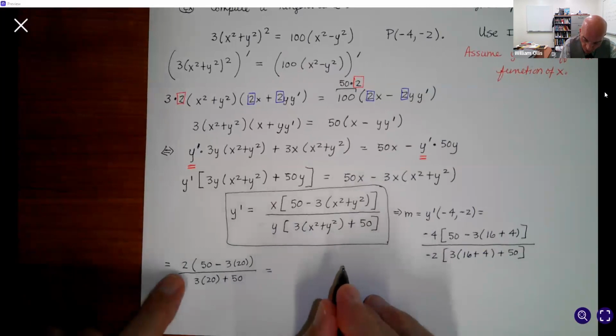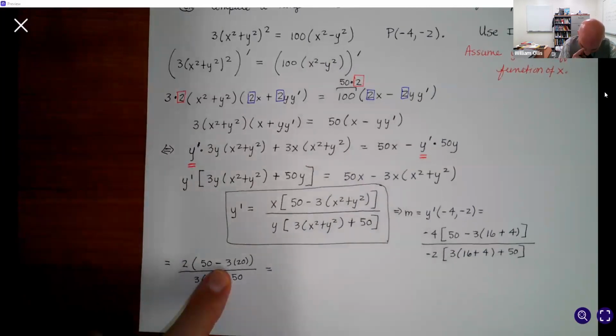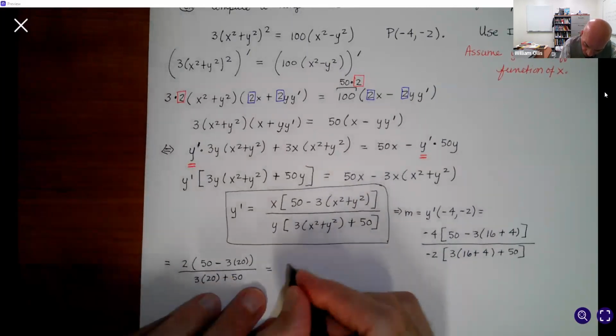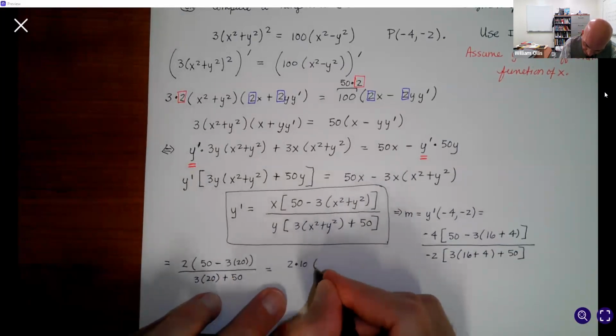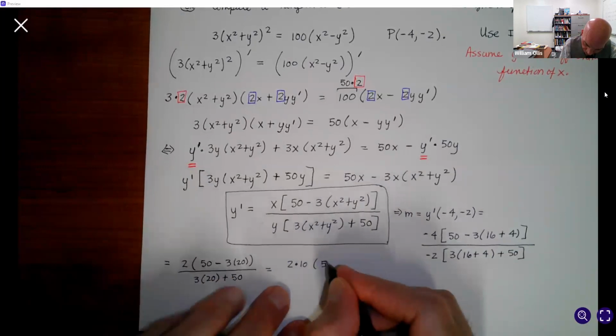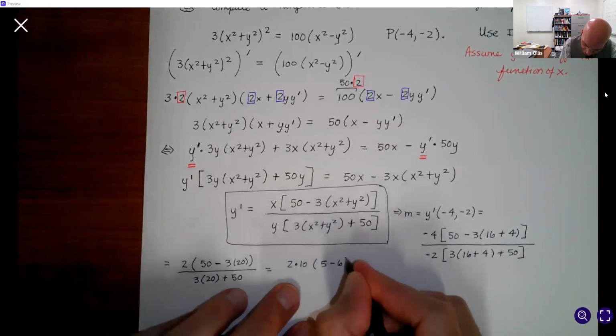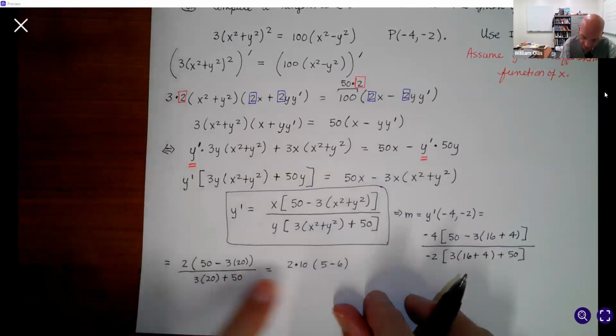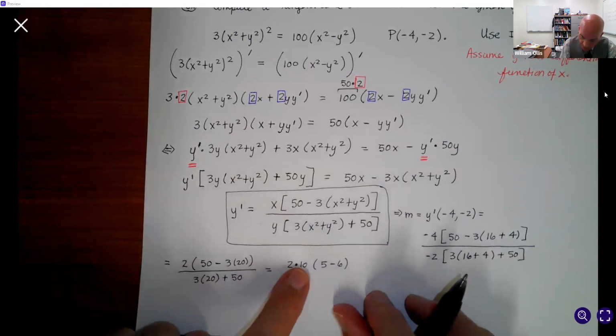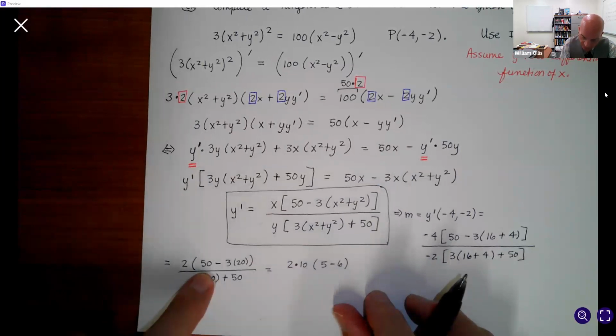So at this point, if you want, you can go ahead and factor a 10 out of all of these. So you got 2 times a 10. So that's a 5 minus a 6. So again, this is a 60 now. 3 times the 20, factor the 10, that leaves behind the -6. Factor the 2 in here, excuse me. Of course, that leaves behind the 5.